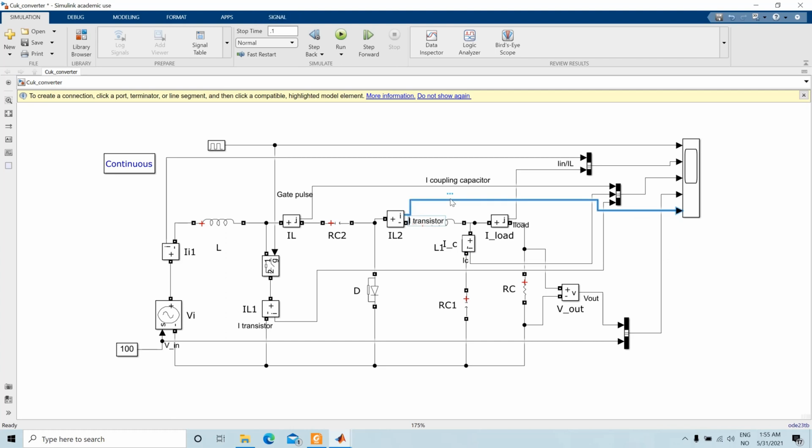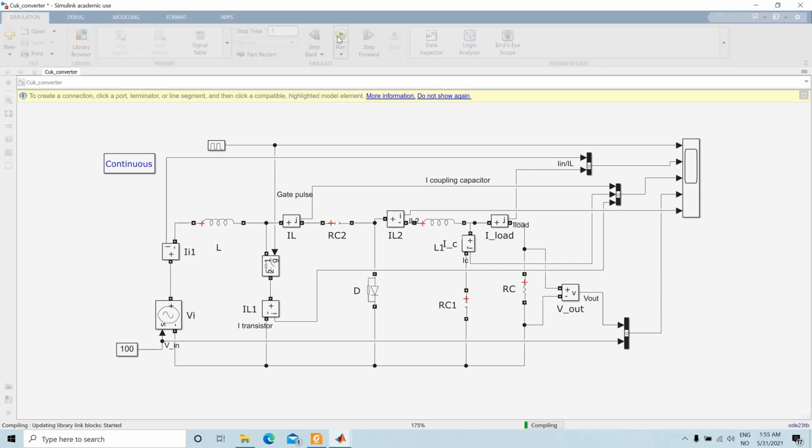So in this way you can add voltage and current probes here to see what the wave shape of the voltage and current looks like. So if we run the circuit, then we will be able to see whether it's a buck operation or a boost operation.